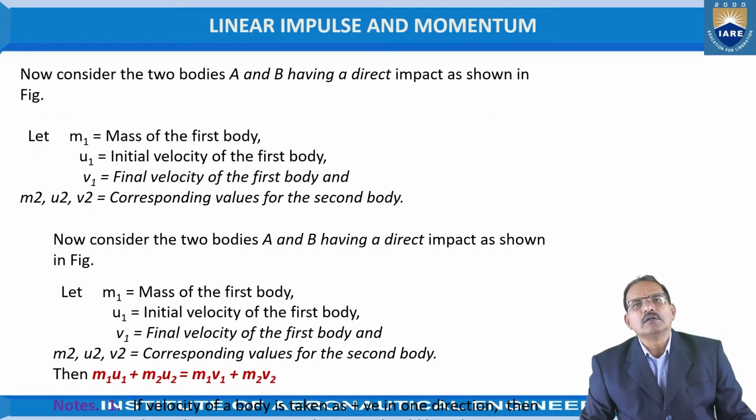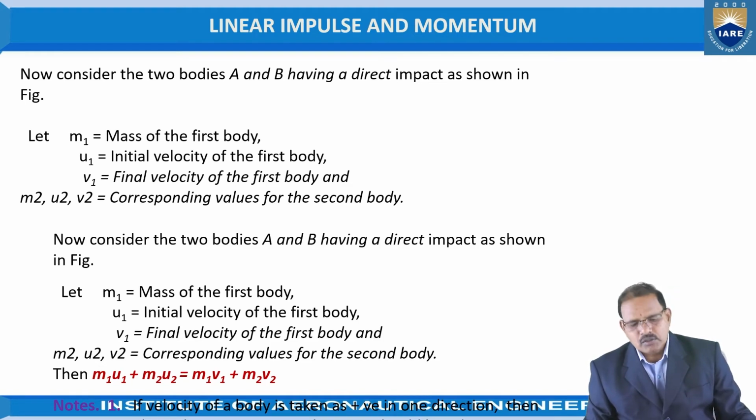Here M1 represents the mass of the first body. U1 and V1 represent the initial and final velocity of the first body. Similarly, M2, U2 and V2 represent the corresponding values for the second body. Then according to the law of conservation of momentum, the momentum possessed by the bodies before the collision should be equal to the momentum possessed by the bodies after the collision.